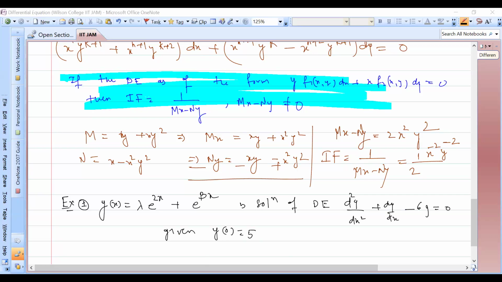Find y dash 0, which is 5. Find y of 0. So how to solve it?